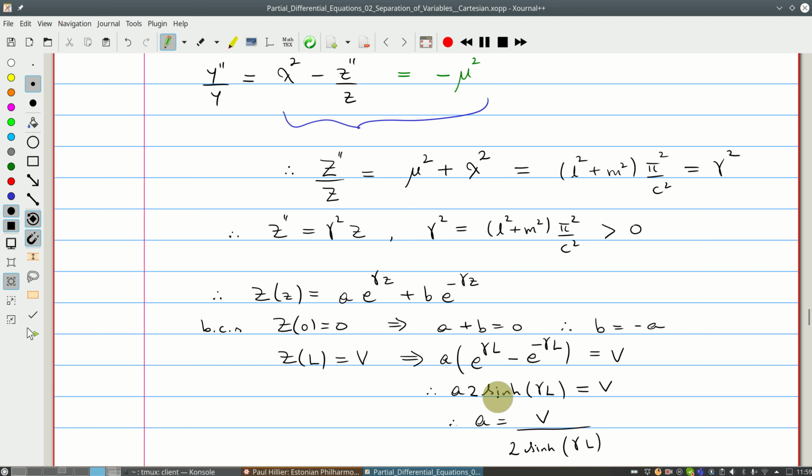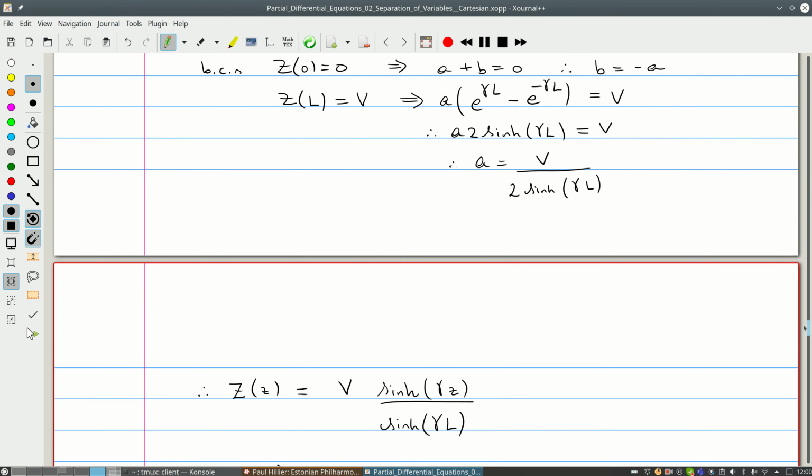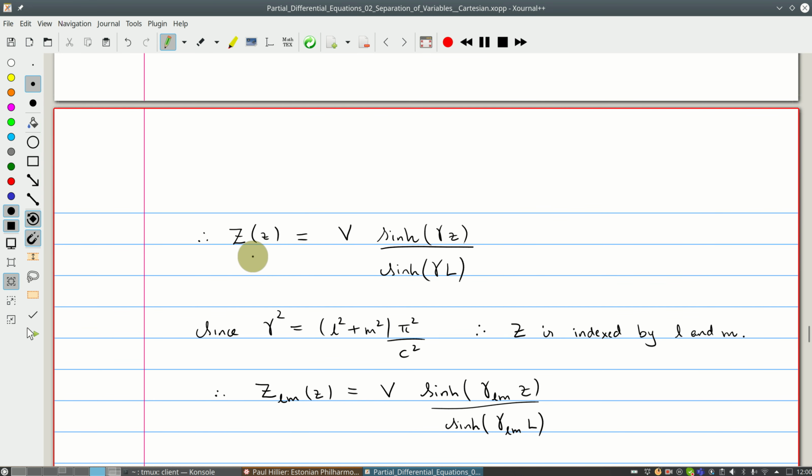So it's A times twice the hyperbolic sine of gamma L is V. In other words, A is this constant V divided by twice hyperbolic sine of gamma L. So we now have an expression for capital Z as a function of little z. It's V times sinh of gamma z divided by sinh of gamma L.